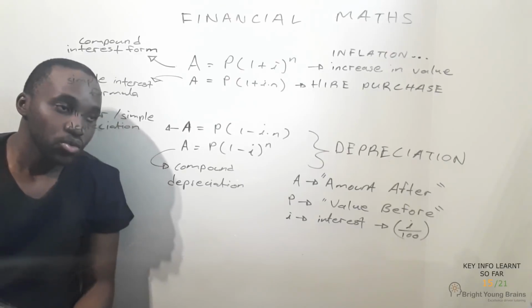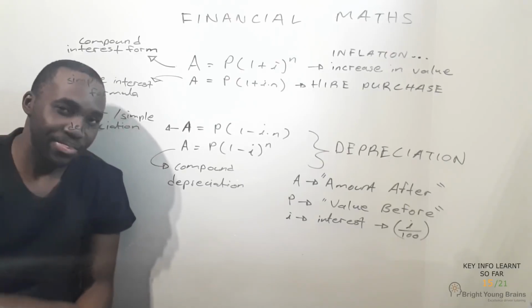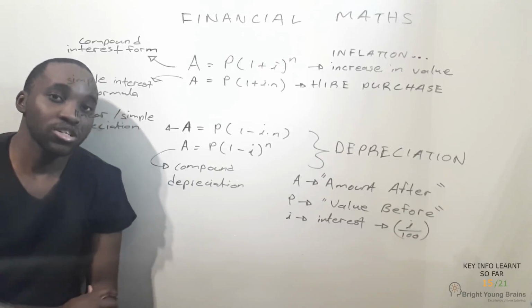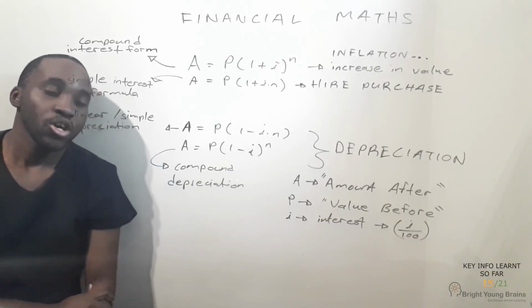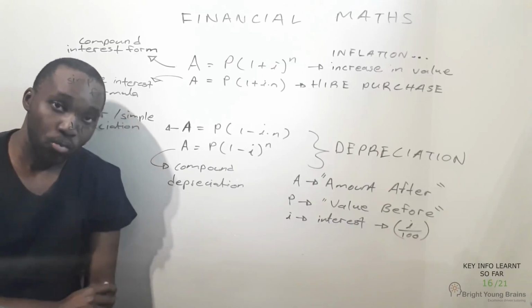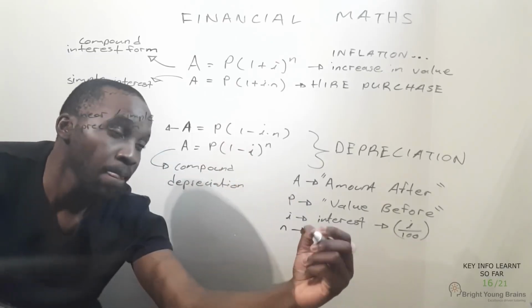So you never use the actual number that you're given for interest in your formulas. Whatever value for interest you're given in any equations you'll be working with, you always need to put those values over 100, always.